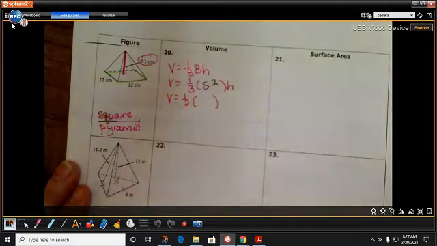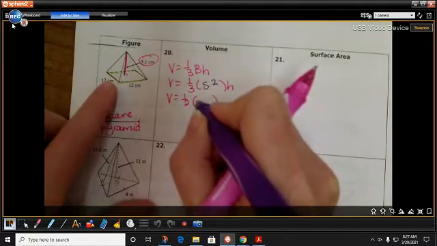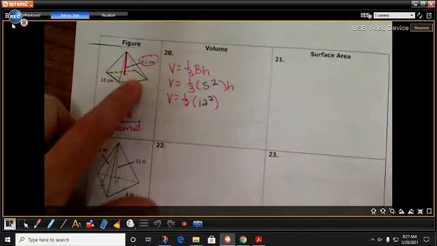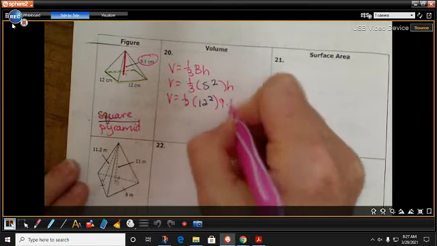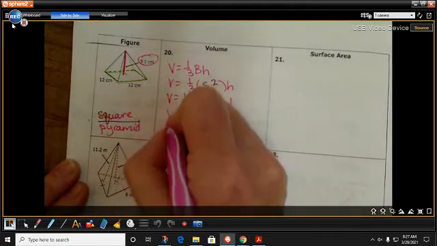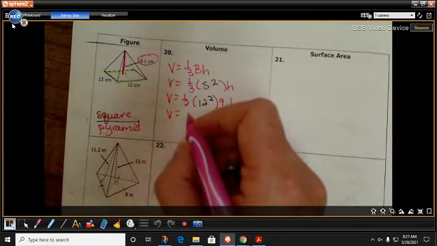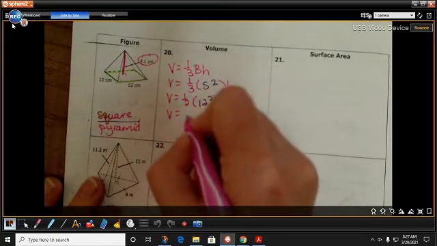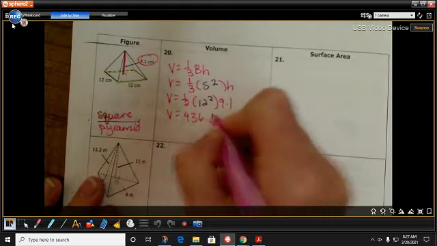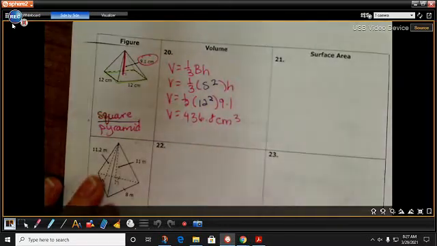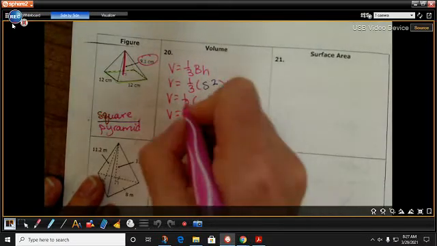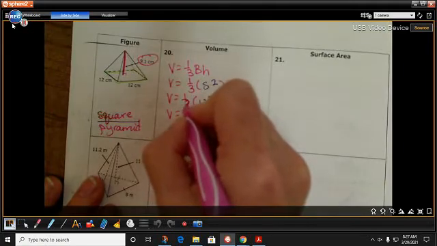And then for the area, side squared, I'm going to need to do 12 squared. And then my height was the 9.1. And so my volume is going to come out to be 436.8 cubic centimeters. I wrote 1/2 and it was supposed to be 1/3.